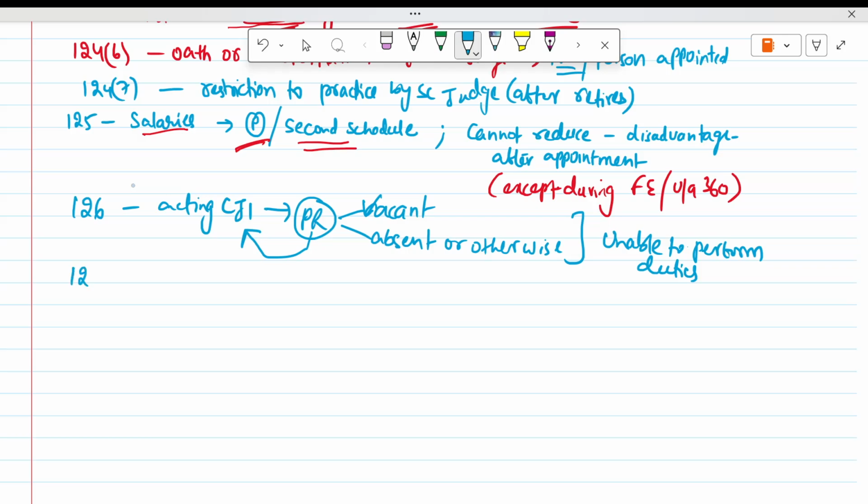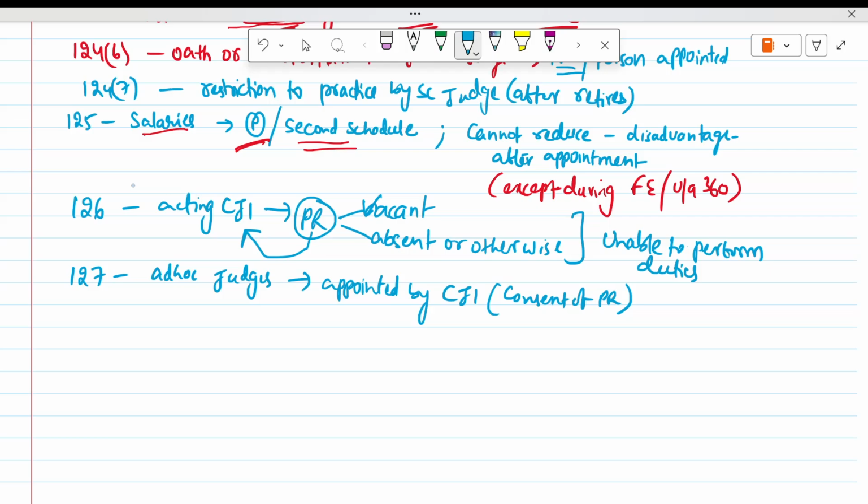Then 127, ad hoc judges, appointed by the CJ, but the consent of the President must be taken. Before appointing an ad hoc judge, the Chief Justice of India should take the consent of the President, plus consult the concerned CJ of the High Court.